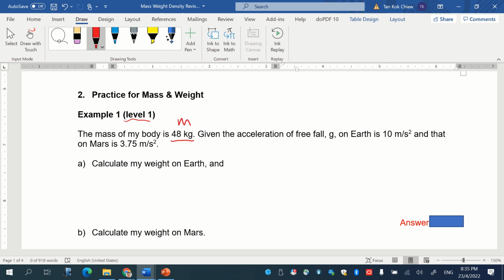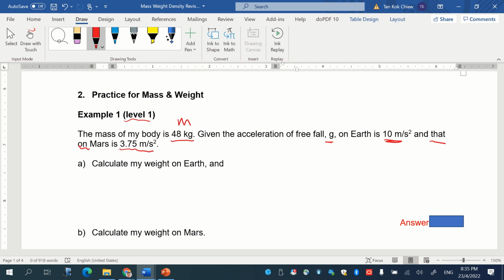Given the acceleration of free fall, the g value on Earth is 10. They always put this statement just to let you know the g value on Earth is 10 for this question. And that on Mars, the g value of Mars is 3.75 meter per second square.